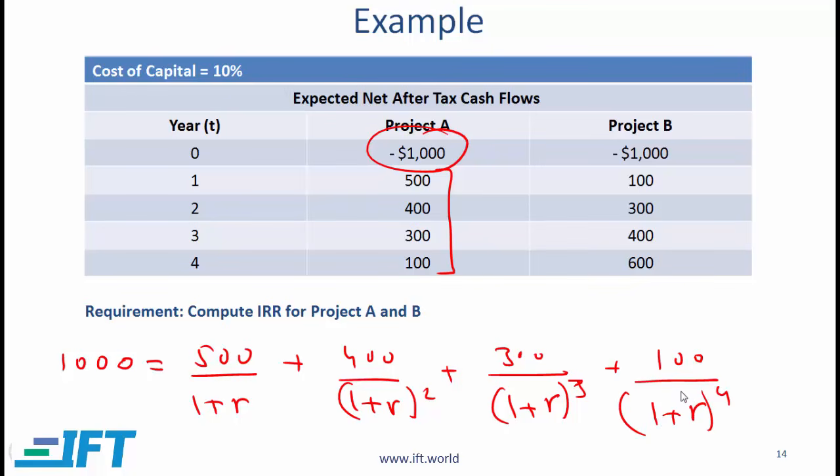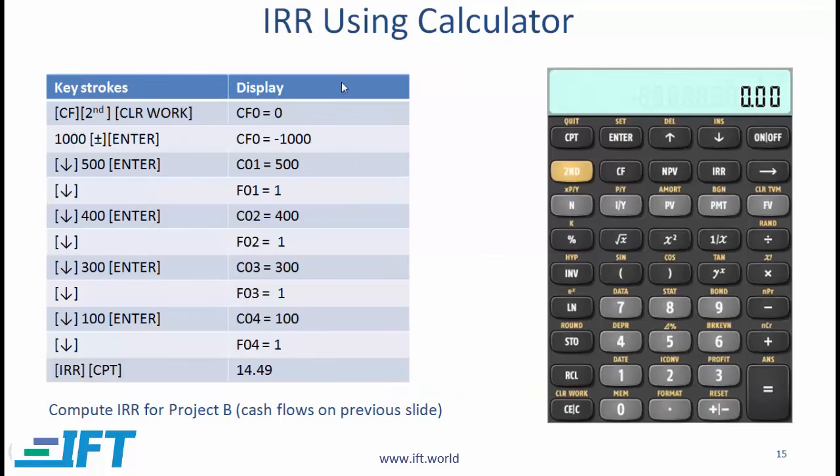This is extremely difficult to solve, and you might plug in some numbers for R to figure out which number will give you 1,000. But the best way to solve this problem is to use the calculator. For project A, you again enter the cash flow the way we entered cash flows for the NPV example. Here we do not enter any interest rate because the rate is what we are computing.